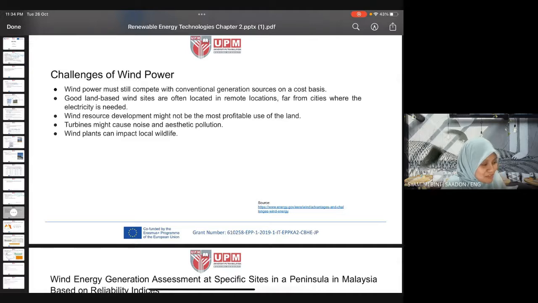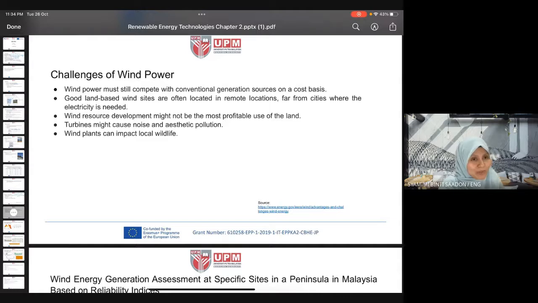Wind resource development might not be the most profitable use of the land. Wind power also has to compete with other possible uses of the site, other possible functions.